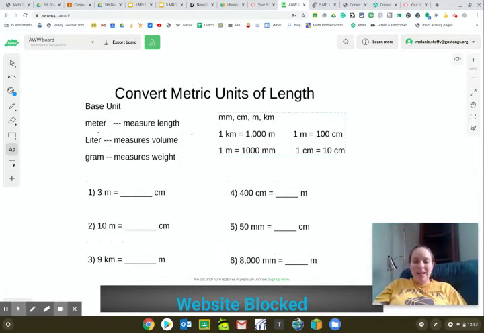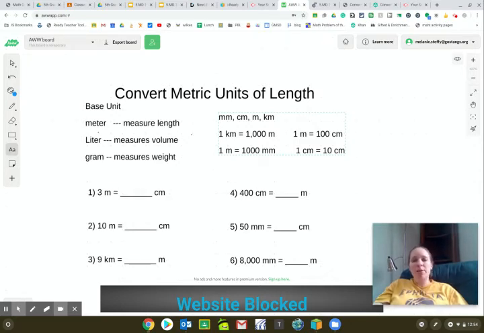Centimeter: centi means 1/100th, so centimeter means 1/100th of a meter. Millimeter: milli means 1/1000th, so millimeter means 1/1000th of a meter. We're going to be using these measurements to help us.